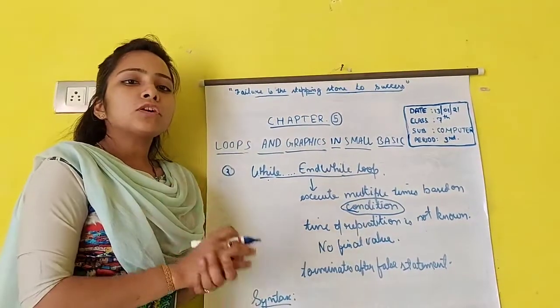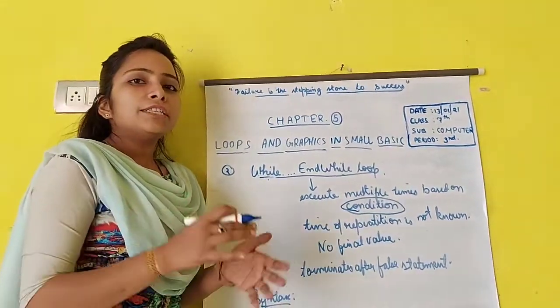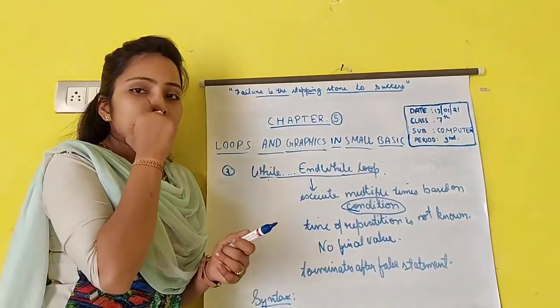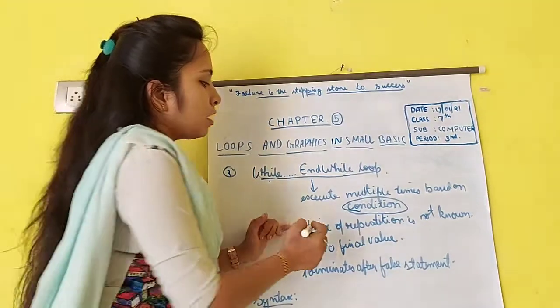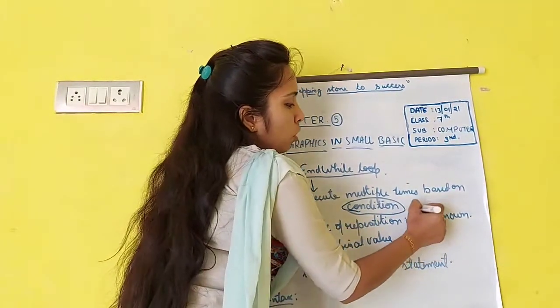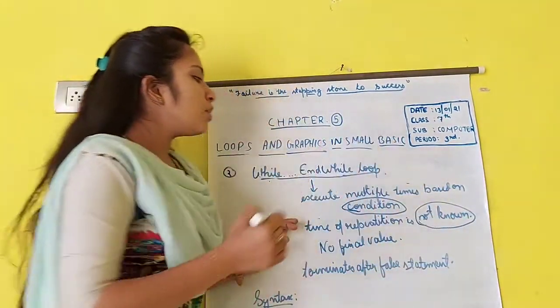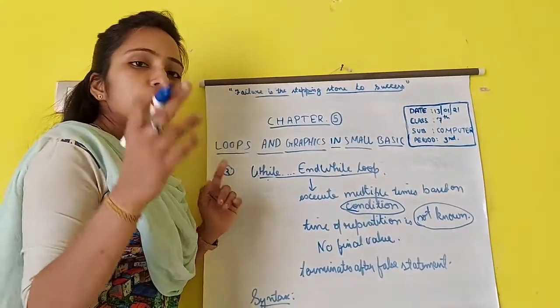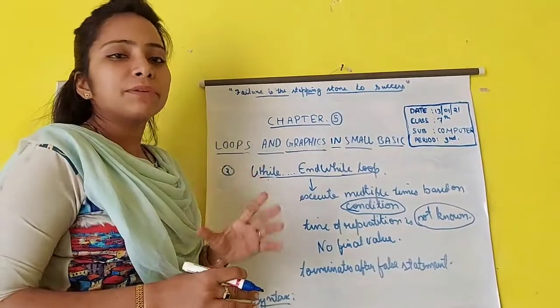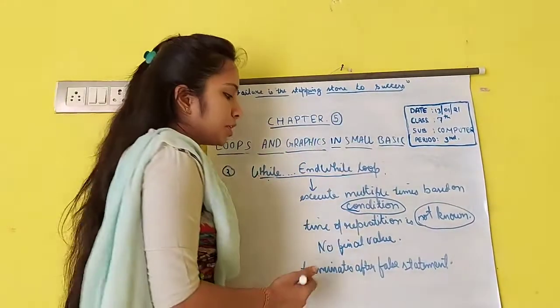Condition could be either true or false, but it is based on the condition. Then, in this we also do not know the number of repetitions. We don't know in the whole program how many times we are going to repeat a particular statement. It is not known here.